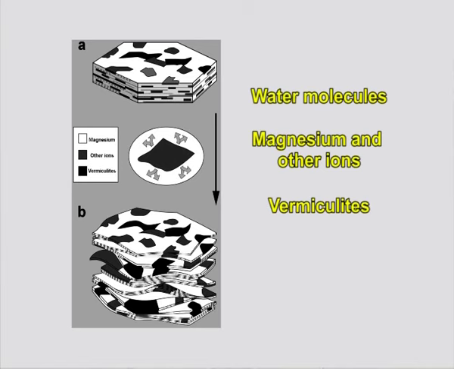They act primarily as bridges holding the units together rather than as wedges driving them apart. The degree of swelling is therefore considerably less for vermiculites than for smectites. For this reason, vermiculites are considered limited expansion clay materials, expanding more than kaolinite but much less than smectites.